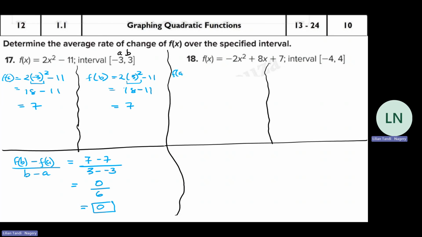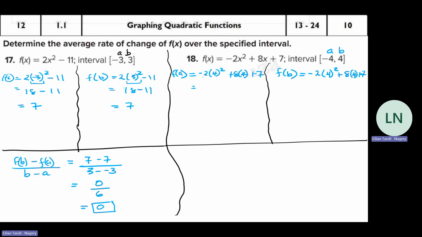F of A. Our A is negative 4. Our B is 4. Negative 2 times 4 squared plus 8 times 4 plus 7. F of B: negative 2 times 4 squared plus 8 plus 7.